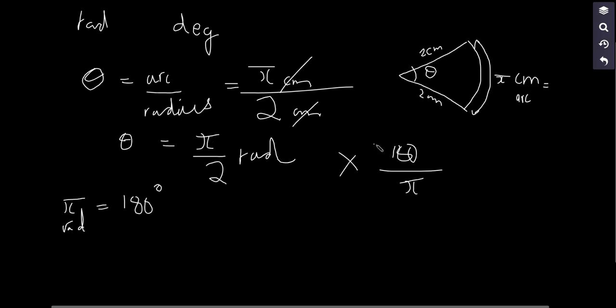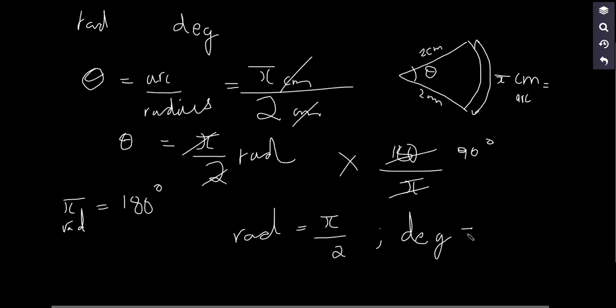So pi by 2 rad into 180 by pi. 180 by 2 is the same as 90 degrees. So the value of theta in radians is pi by 2, and in degrees the value of theta is 90 degrees.